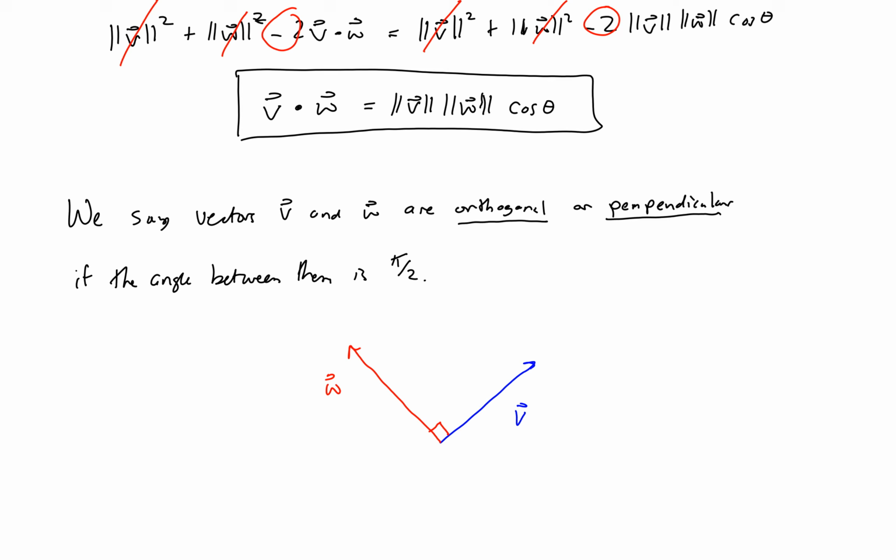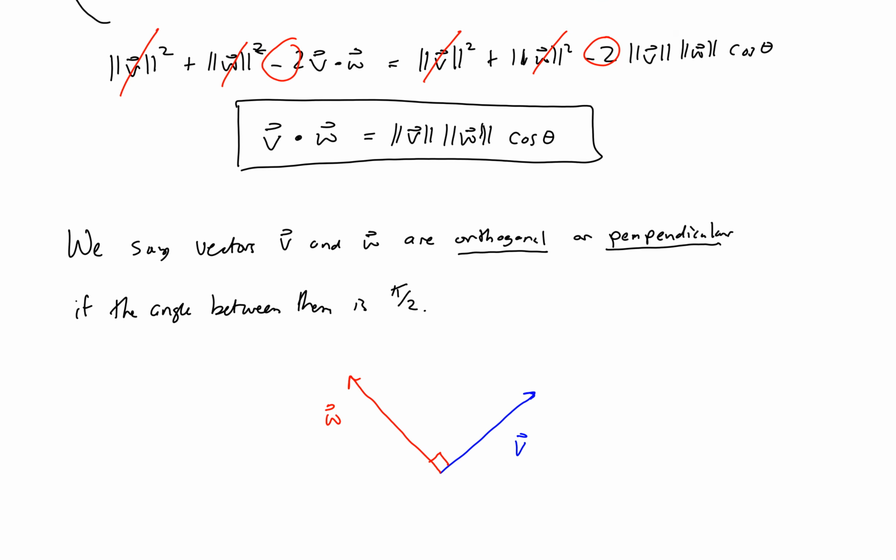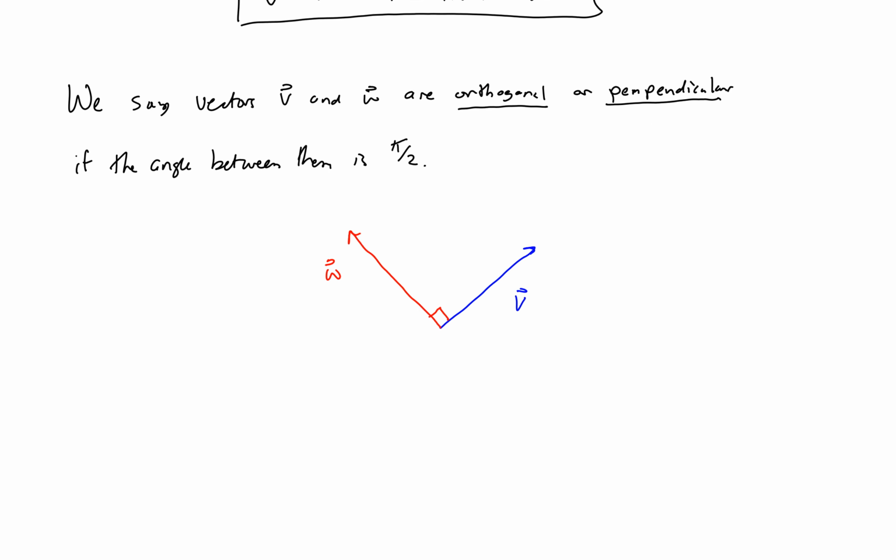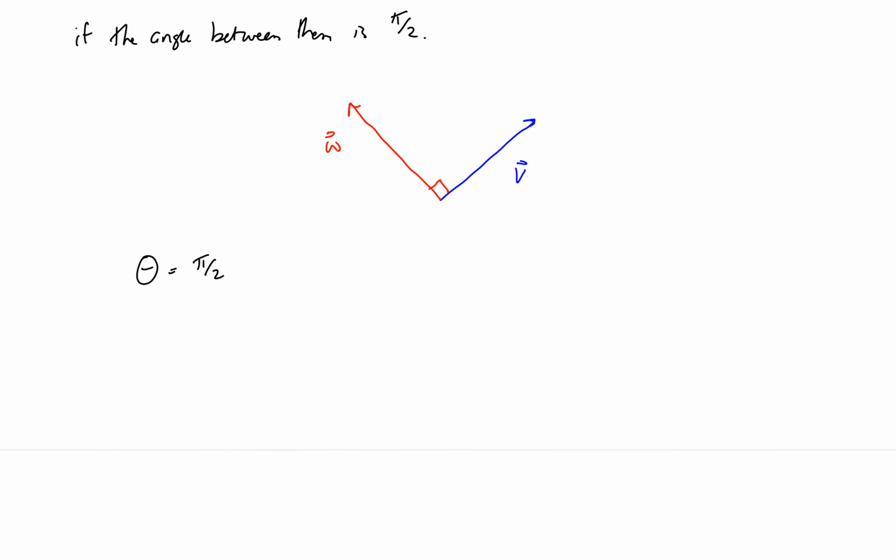But now let's think about what this says above. If the angle between v and w is pi over 2, look at our formula up here. So what would that mean? So if theta is equal to pi over 2, well, when I look at v dot w, I know this is the magnitude of v, the magnitude of w, cosine theta.